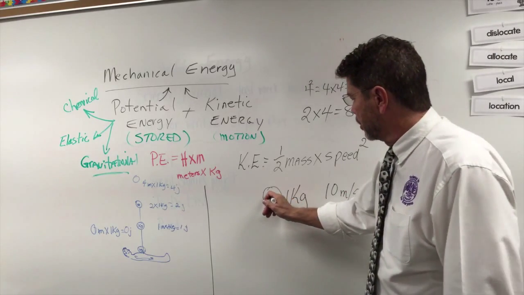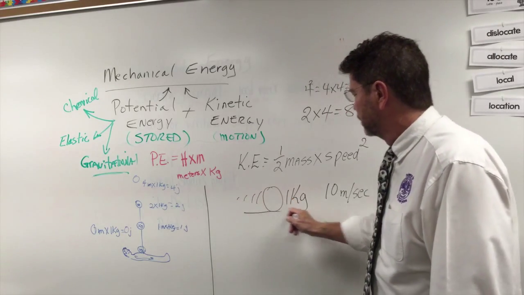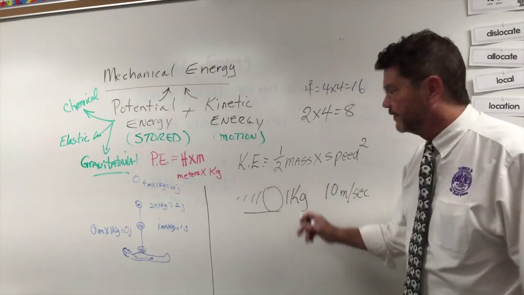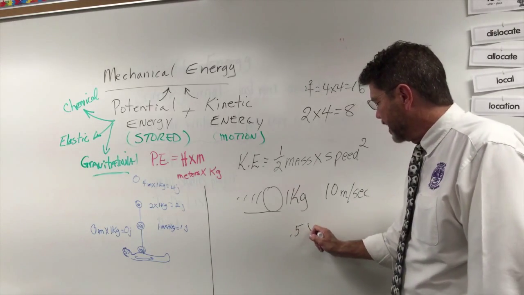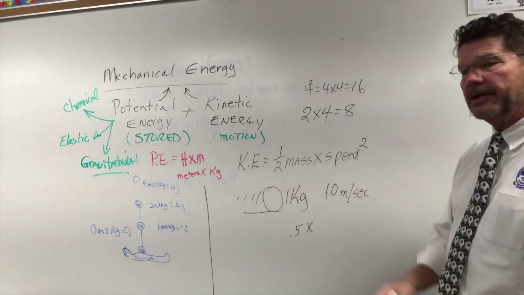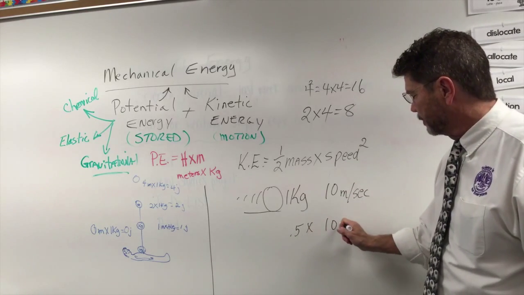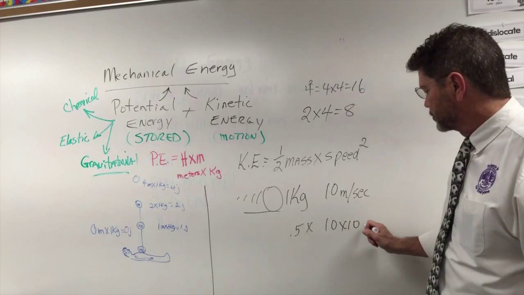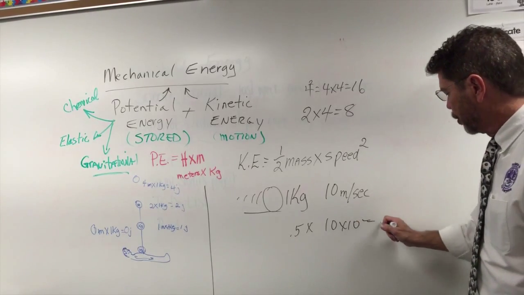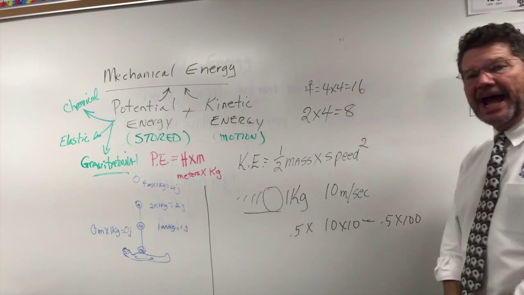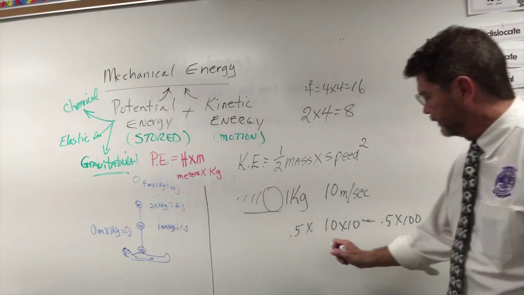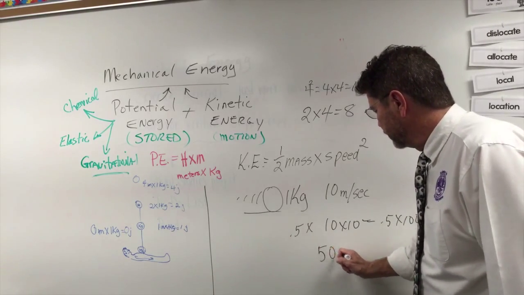So here's this ball that's flying down, so what's 1/2 a kilogram would be 0.5 times, what's 10 squared? 10 times 10, 100. So that's going to equal 0.5 times 100. Anybody know what half of 100 is? 50. So that would be 50 joules.